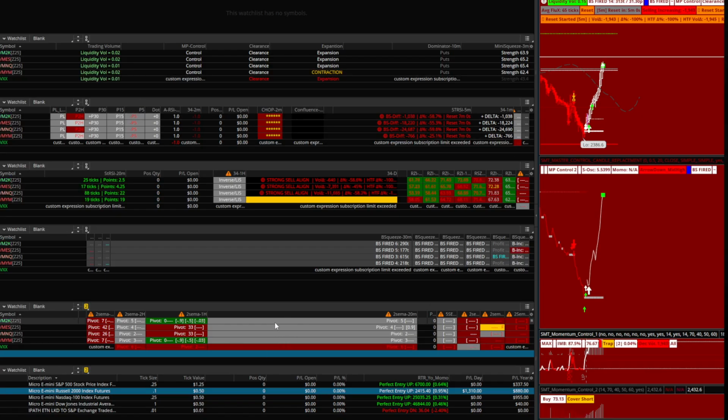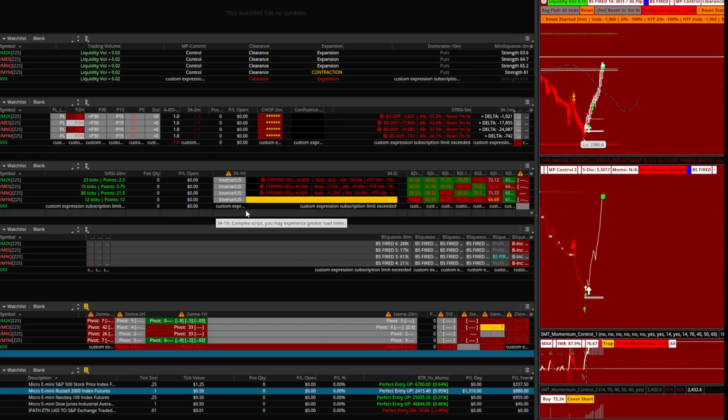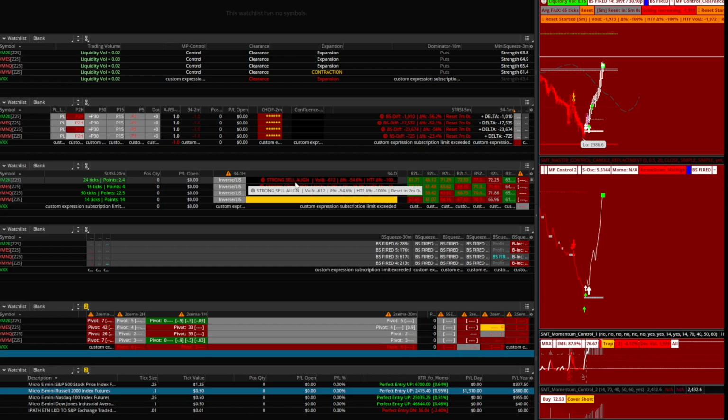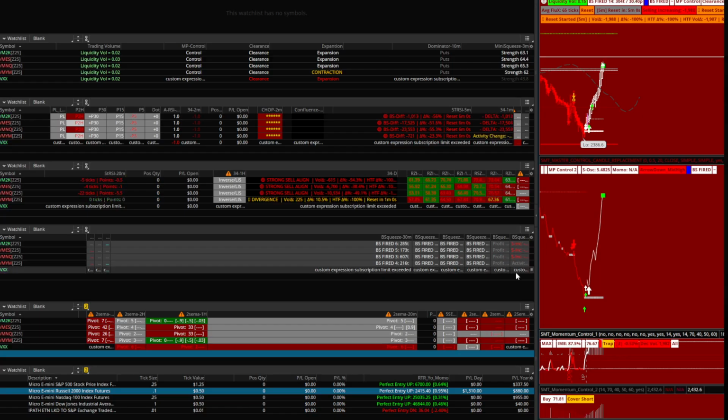I have probably 15 other panels like this that have even other information that I use depending on the environment that I'm trading in. We'll get to that in the future. So there you go, guys. I'm out. You can see the market, the ripple effect. And again, this is just a scalp.